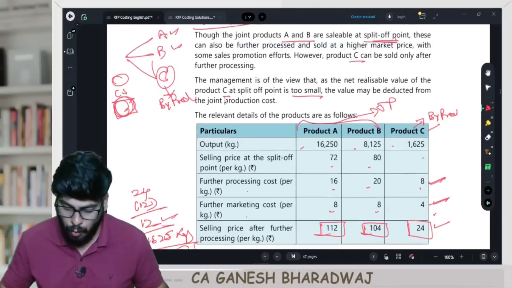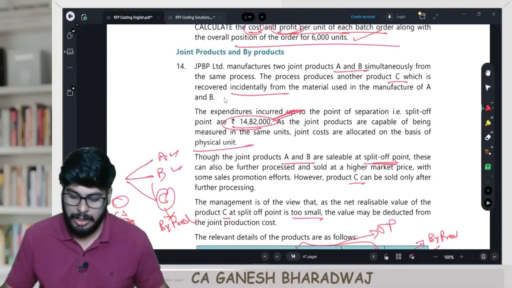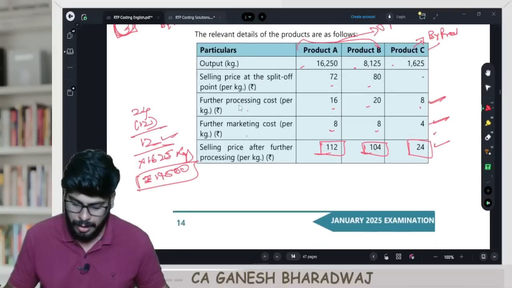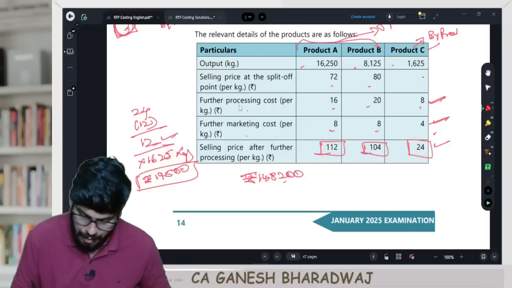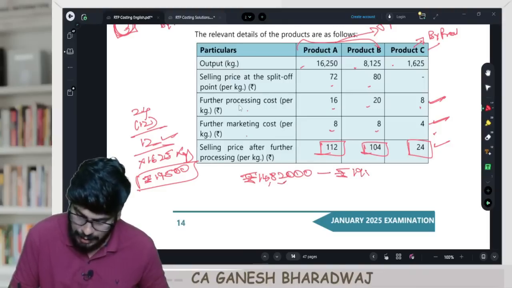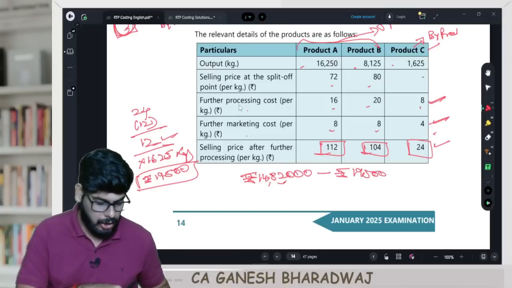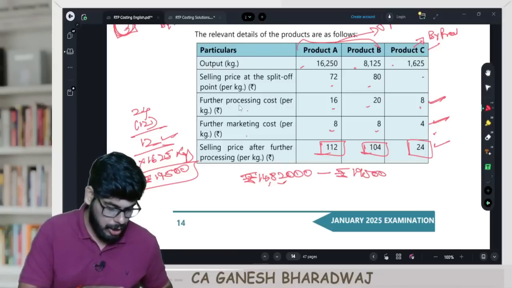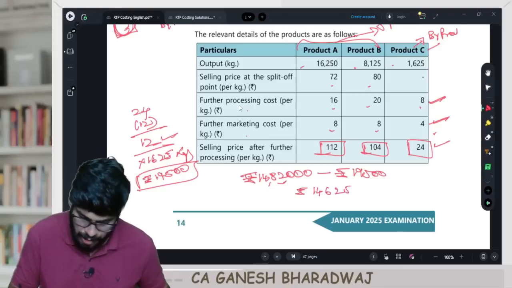That is the NRV from product C. So now what do we need to do? We have the total amount of joint cost, 14,82,000. From this, I need to subtract 19,500 rupees, which is the NRV that we get from product C. So the net amount is going to be 14,62,500 rupees.